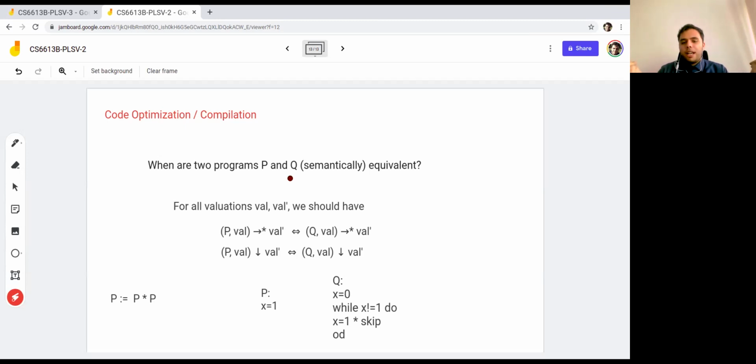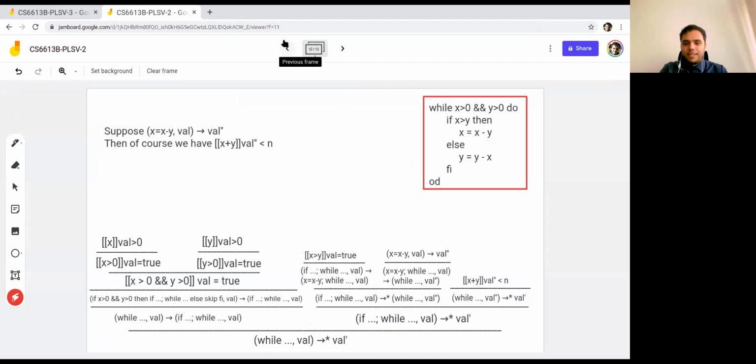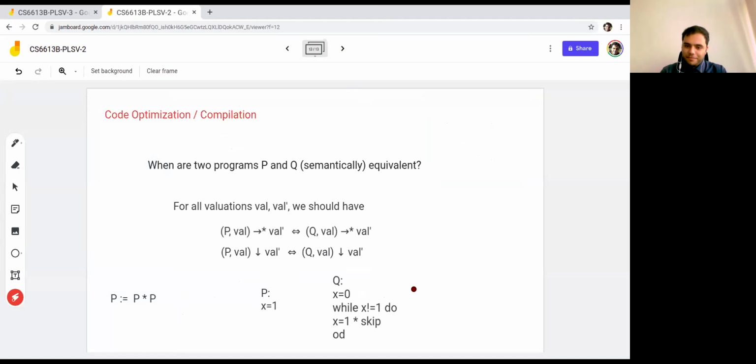In order to do that, you have to define semantics for both your source language and also your target language. And then when your compiler translates a program P into a program Q, you need to show that these two programs are actually semantically equivalent. And this is something that people have done. There are compilers called certified C compilers. For example, there's CompCert. And they actually have a proof, and proof in this sense, that the compiler is correct. Okay, any other questions?